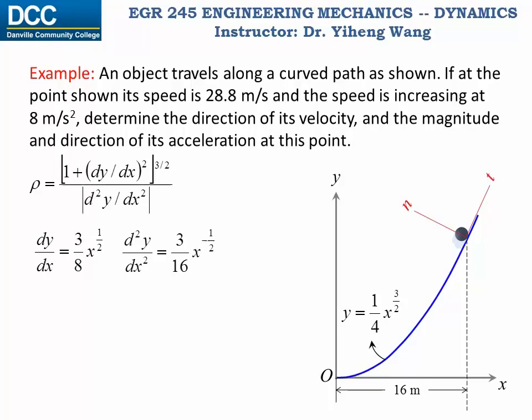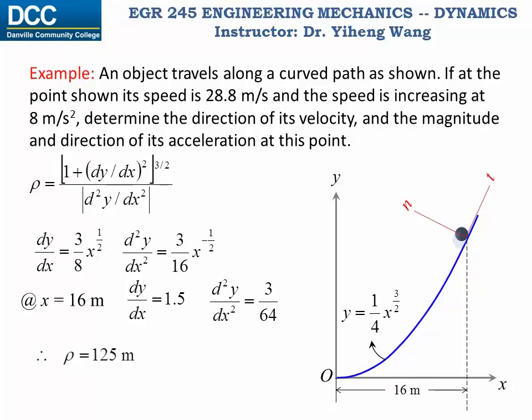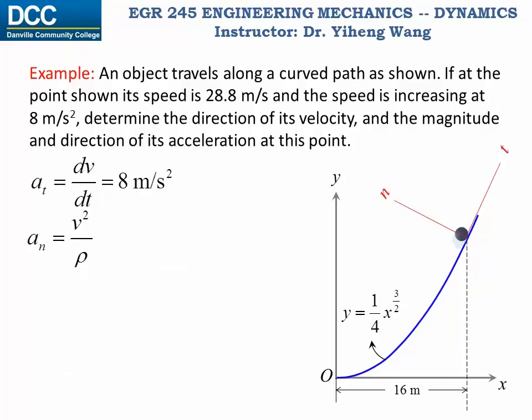And we can evaluate these two both at x equals 16 meters to be dy/dx equals 1.5, and the second derivative equals 3/64. Substituting both into the equation for the radius of curvature, we can calculate at this point the radius of curvature is 125 meters. Therefore, if we substitute in the radius of curvature, we can calculate the normal acceleration to be 6.64 meters per second squared.